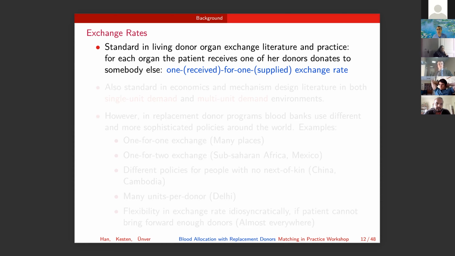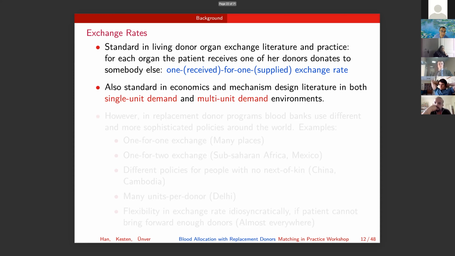So I will call this 1 for 1, one received for one supplied exchange rate, okay? And also there have been recent studies, which I will talk about, on other applications of single unit demand and multi-unit demand with this kind of compatibility-based allocations, and they also focused on this 1 for 1 exchange rate.